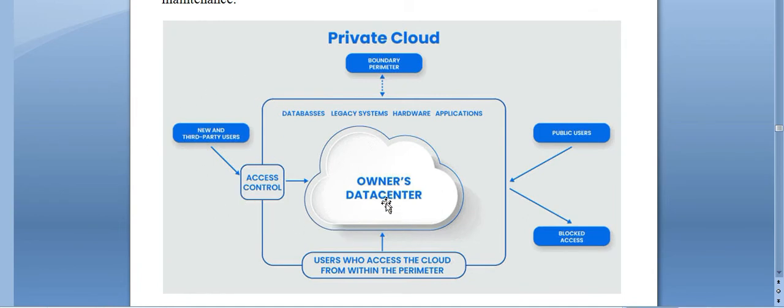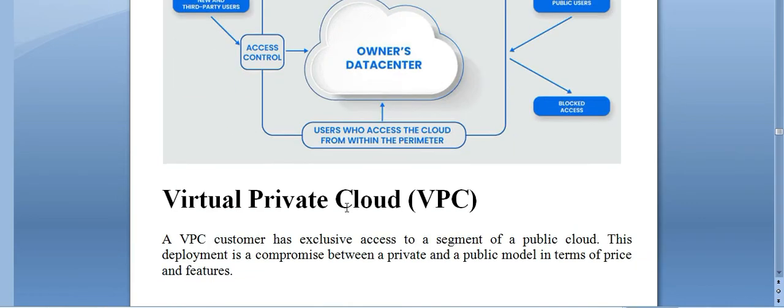So users who access the cloud from within the perimeter, whoever is inside, they are the private members and they are using this private cloud. Okay, so here the public users, if they are there, block the access. If new and third party users are there, they are managed by some access control mechanism.